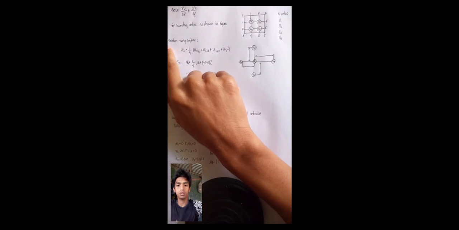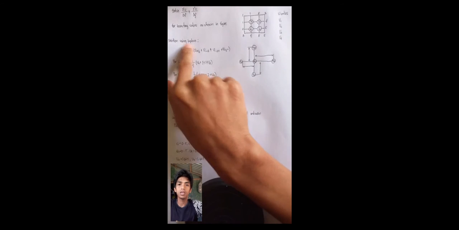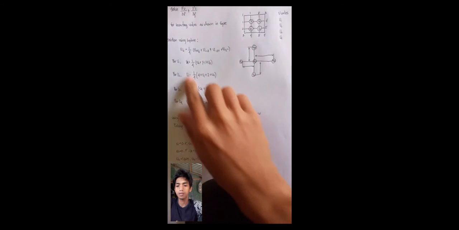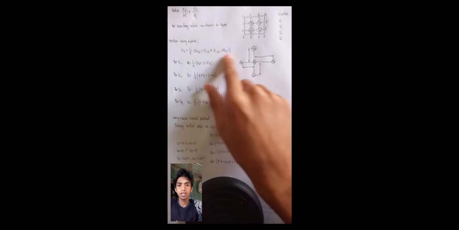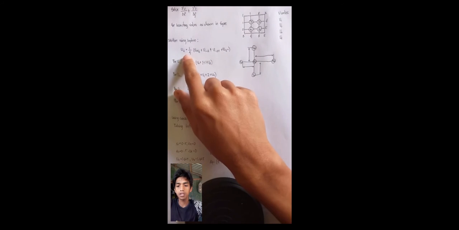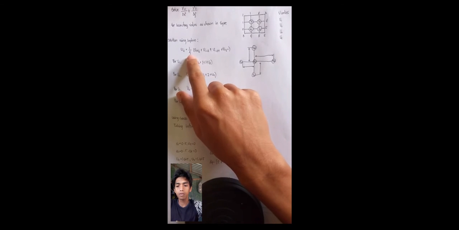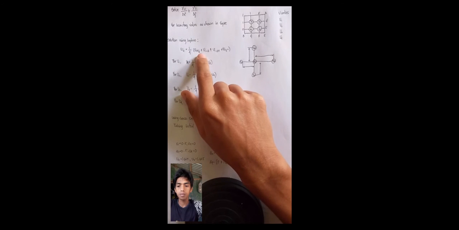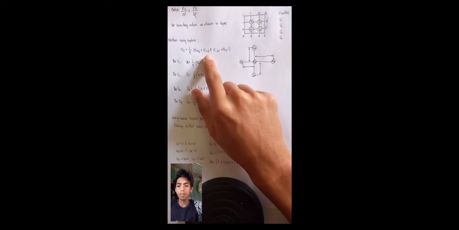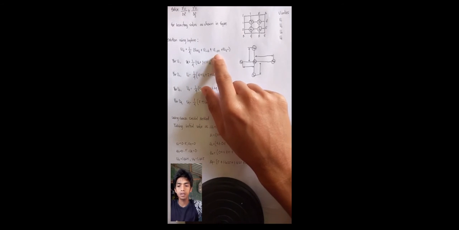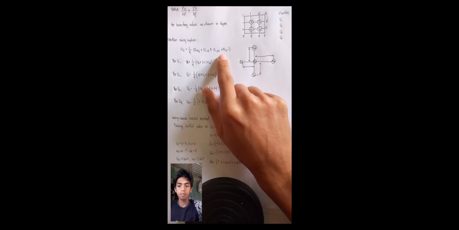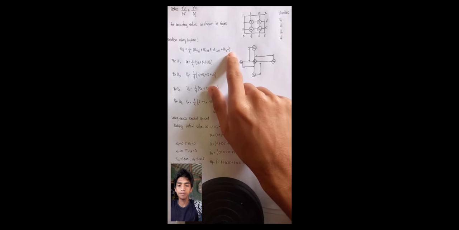Now we have a solution using the Laplace. This is the solution of Laplace: Uij is equal to 1/4 times u(i+1)j plus u(i-1)j plus ui(j+1) plus ui(j-1).